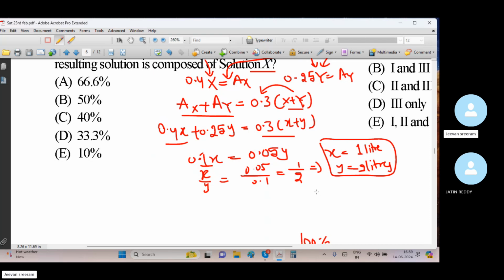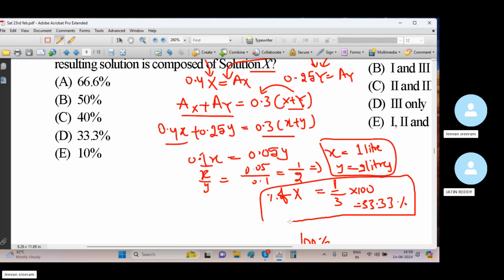Out of the total solution, what is the proportion of X? X is 1 liter, right? Yes, sir. The total solution is 3 liters. Percentage of X is 1 liter divided by the total number of liters, into 100, that is 33.33%. Is it clear? Yes, sir.